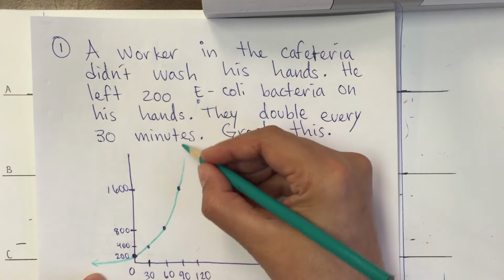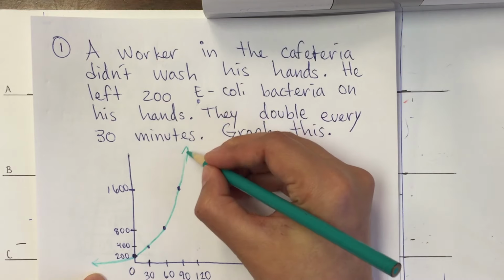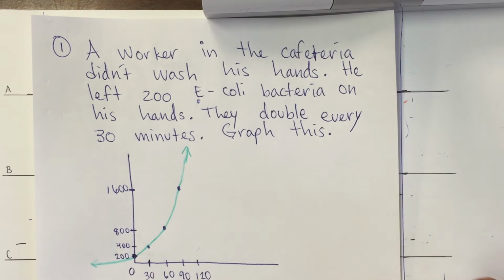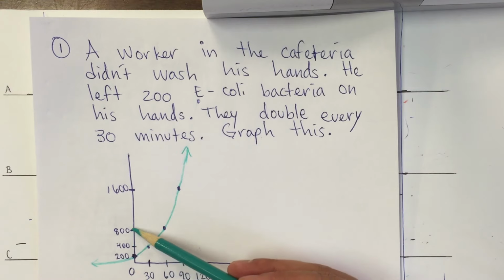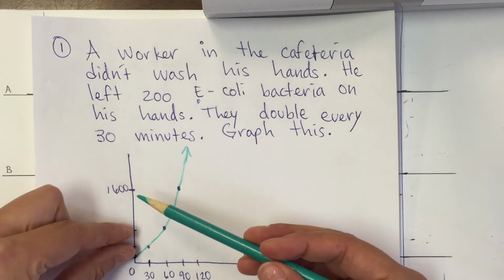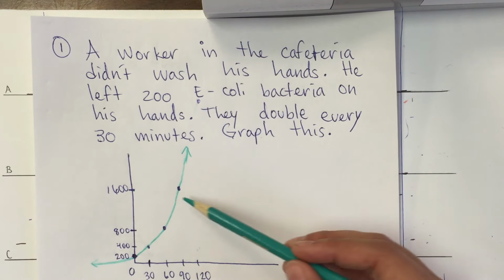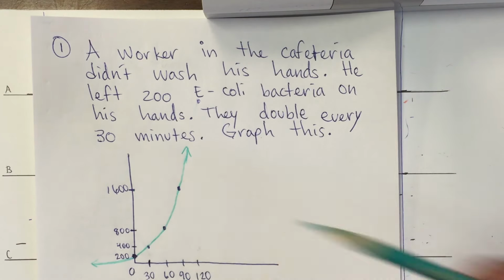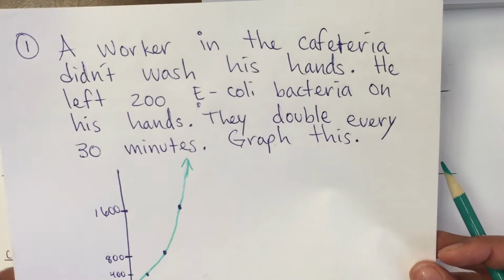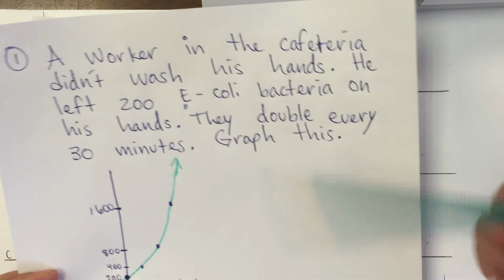So it will be something like that. Again, this is a sketch because it's not exact, but that's what it means. It doubles. Notice how I'm approximately doubling every cycle. That's graphing from a scenario.